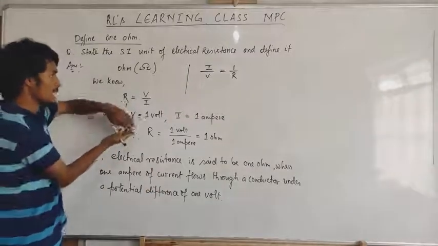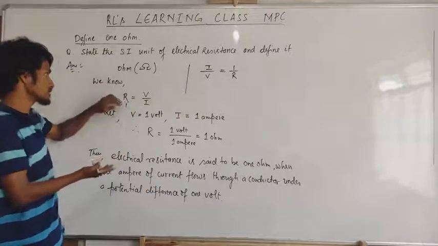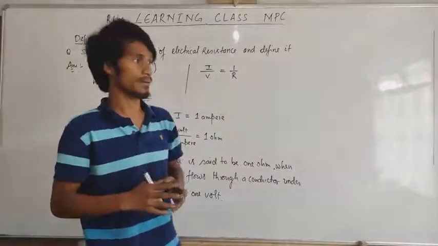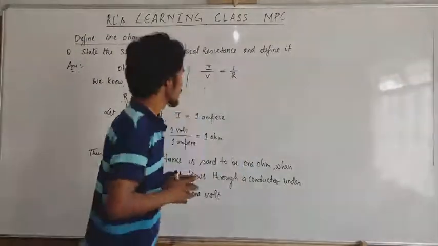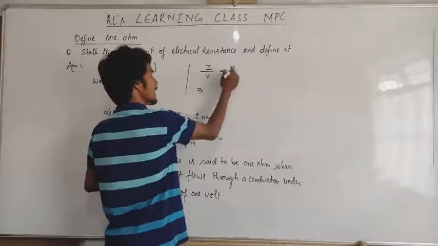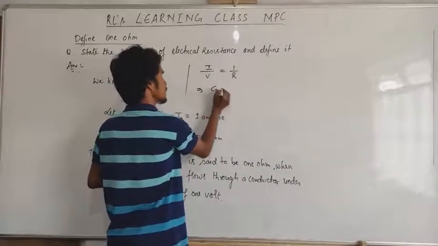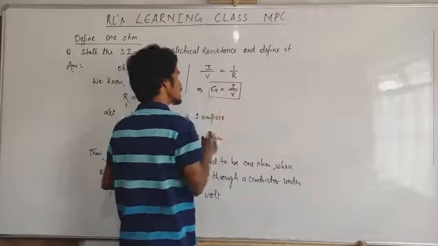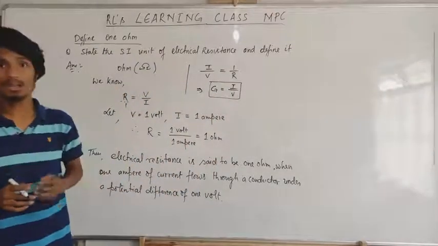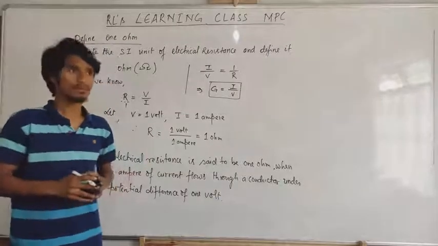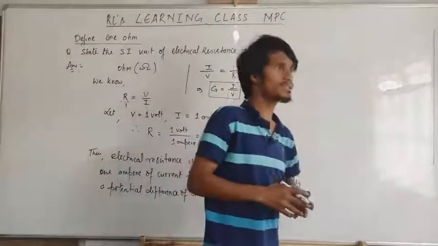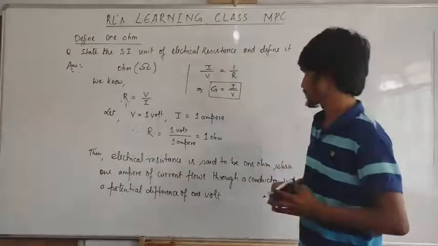Then if I take I from up, I by V, this also will be 1 by R. Now this 1 by R is equal to G, I by V. This G is called electrical conductance.